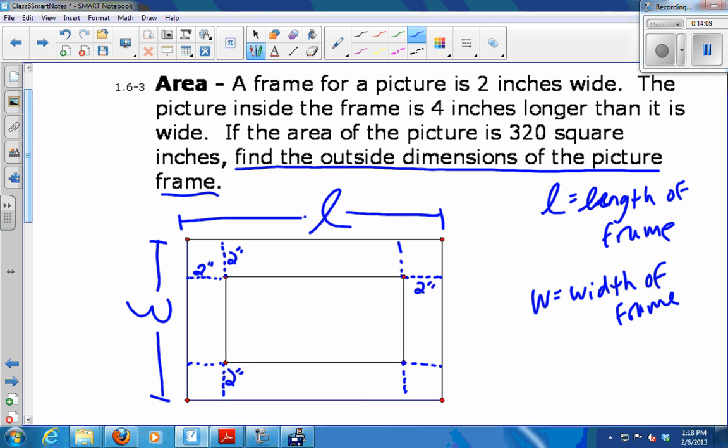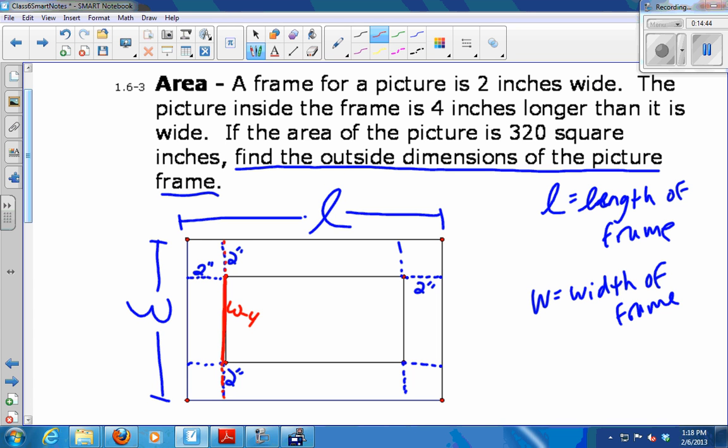So if this outer dimension is W, I would like to know what this length is that I highlighted in red there. Yeah, W minus 4, because it's W minus 2 inches to the edge and 2 inches to the edge on the other end. So this guy is W minus 4.